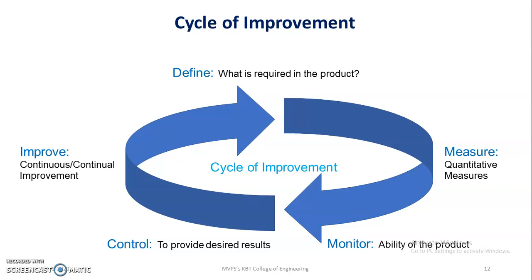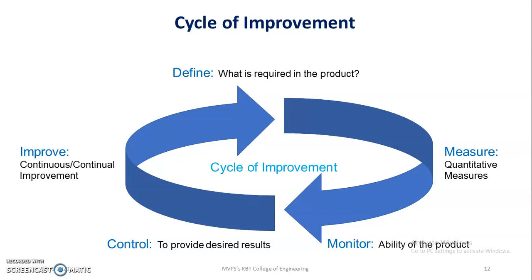Measurement also gives the gap between what is expected by the customer and what is delivered to him when the product is sold. This may cause customer dissatisfaction or rejection by the customer if there is any gap or lack of quality in the product. So measure basically focuses on quantitative measures of attributes.